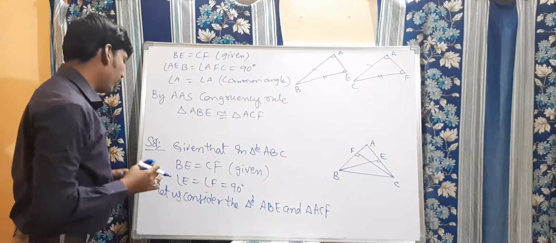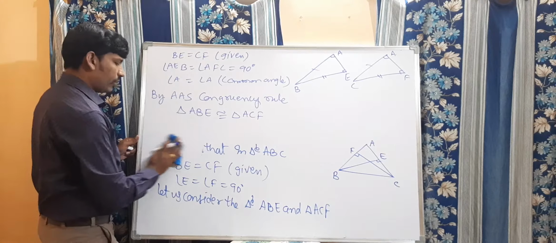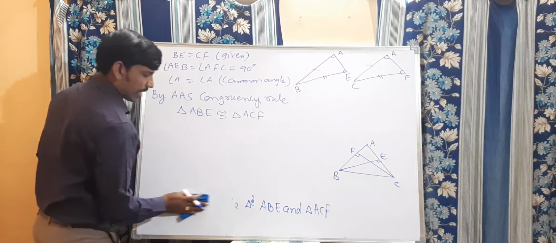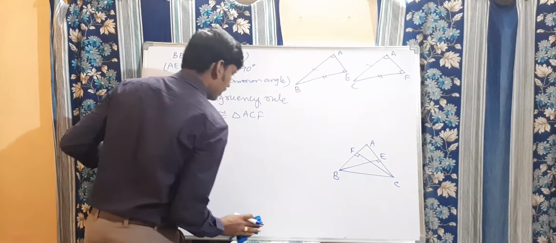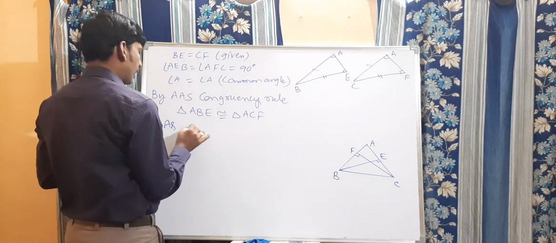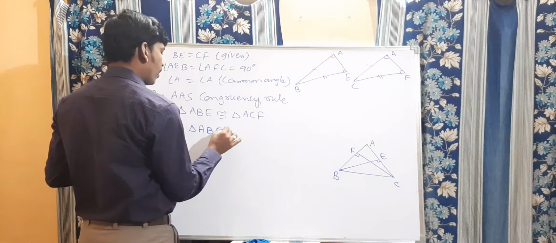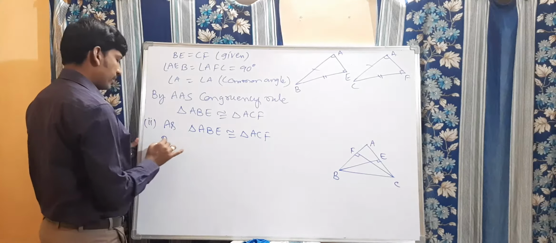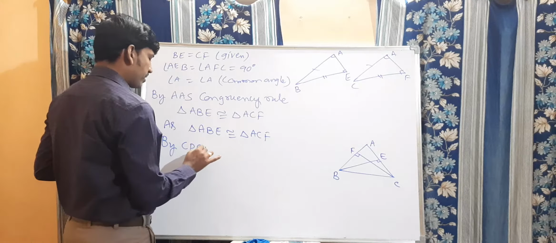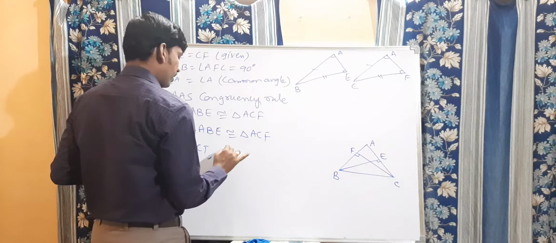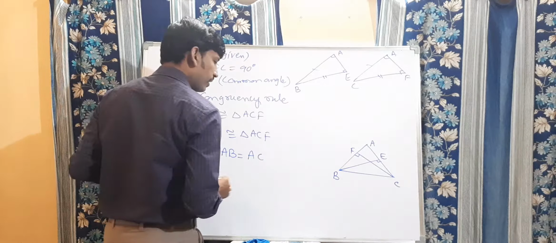that is the second one. Second one is what? We need to prove that AB is equal to AC, that is nothing but ABC is an isosceles triangle. So here, second one, as triangle ABE is congruent to triangle ACF, by CPCT we can say that AB is equal to AC, right?